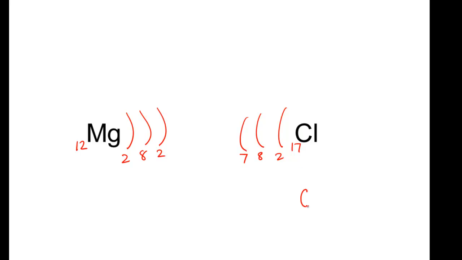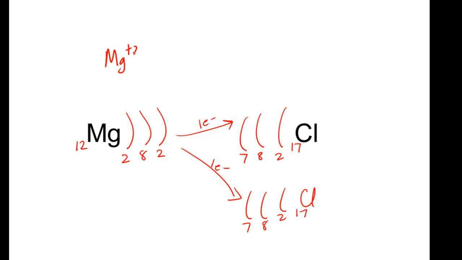So what has to happen is we actually need to supply 2 chlorines to do this. So magnesium will give up 1 electron each to 2 chlorines, and you will form a magnesium +2 ion, and then you will form 2 chloride -1 ions, which gives us a ratio of MgCl2, the formula for magnesium chloride.